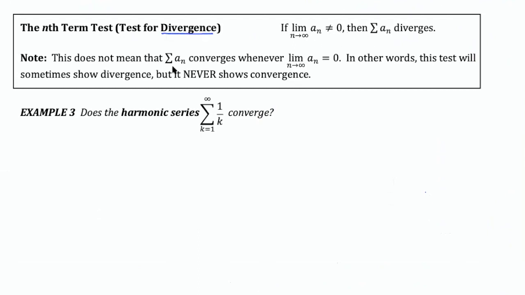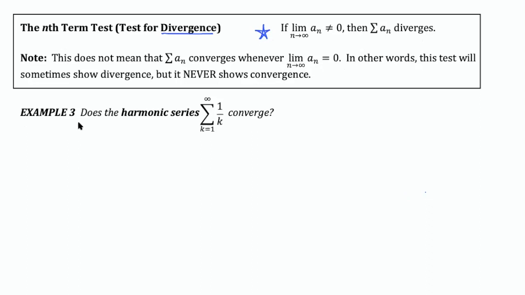This doesn't mean, though, that the series necessarily converges whenever the limit of the individual terms is 0. It's not conclusive. It still might diverge or it might converge. So you have to make sure that you only apply this Nth term test in this way. You can't use it as a test for convergence.